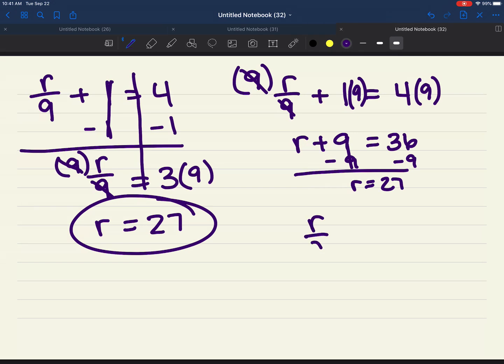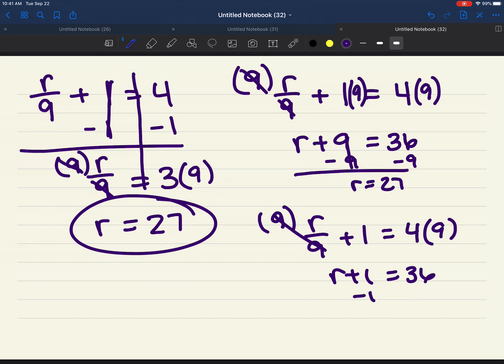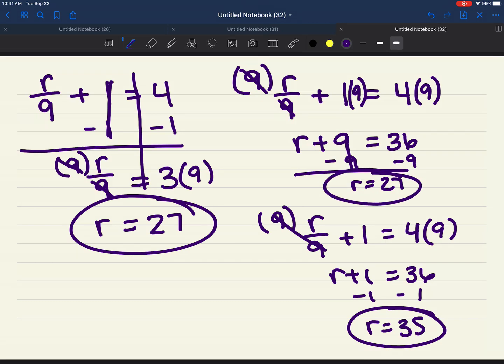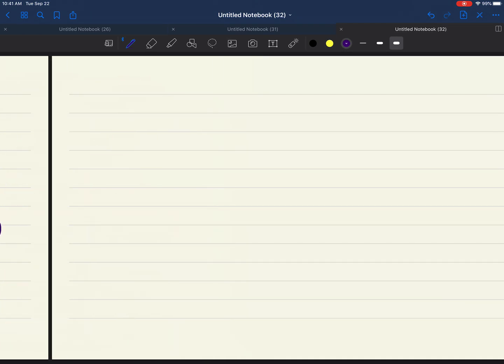What happens is people think, oh, I can multiply by 9 here, multiply by 9 here, I have r plus 1 is equal to 36, and then I just subtract 1, and I get r is equal to 35, which is obviously not the correct answer, okay? So there's a reason that I try to walk you through the steps the same way every time. Move what's not with the variable first, and then do what you need to next, okay?